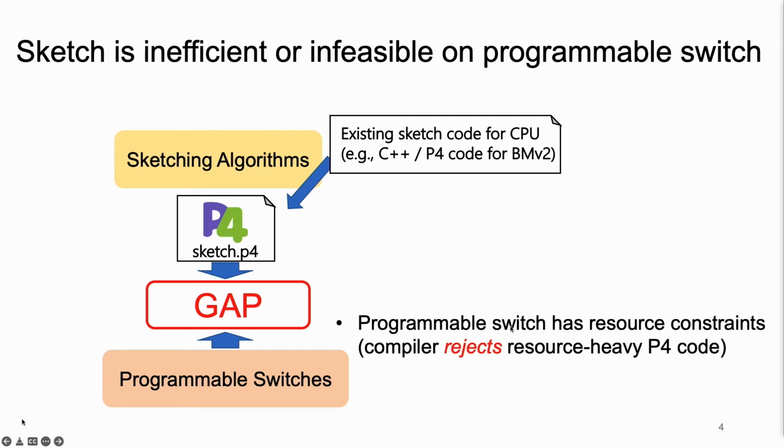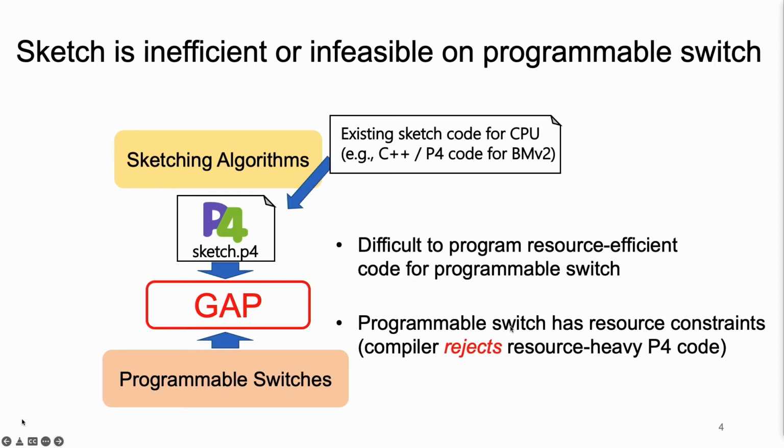So first, programmable switches have tight resource constraints, and the compiler rejects the P4 sketch code if the resource usage of the code exceeds the limit of available resources. Thus, sketch implementations must be resource efficient.